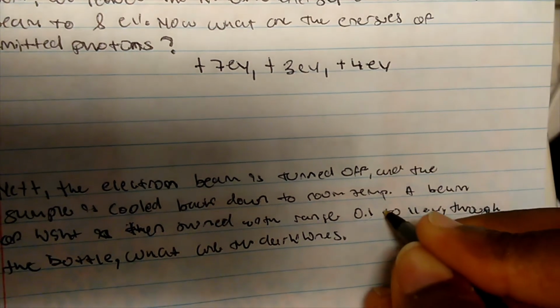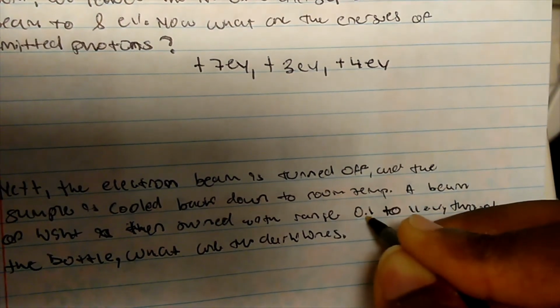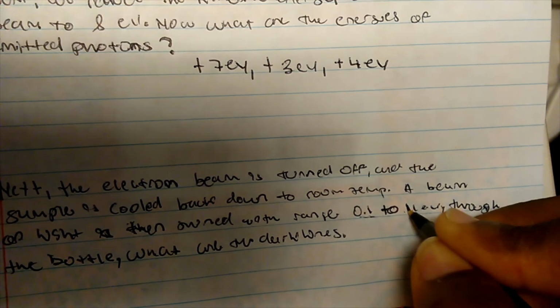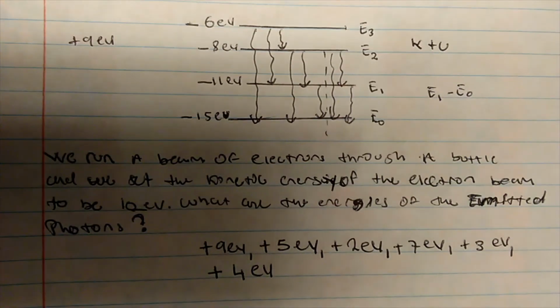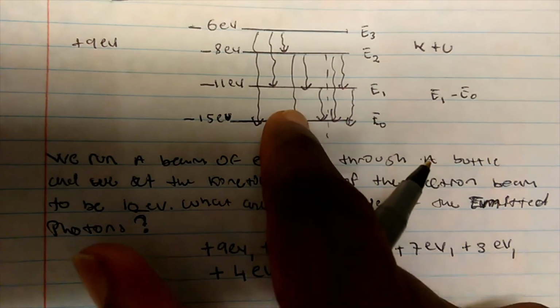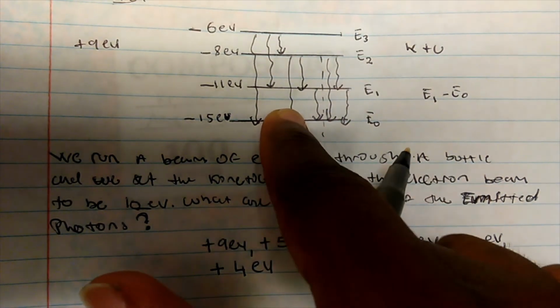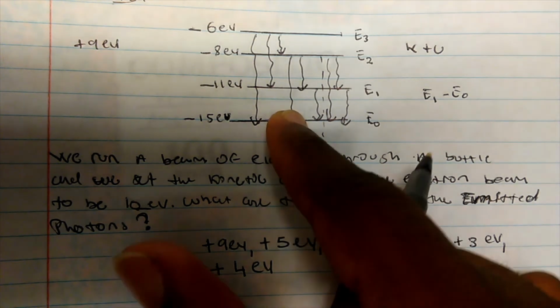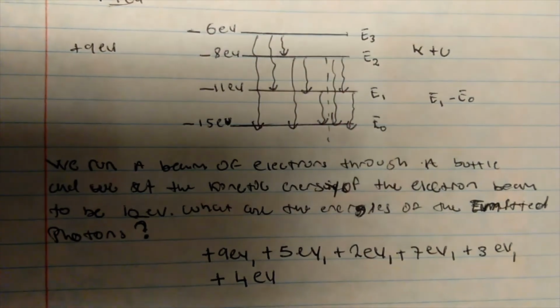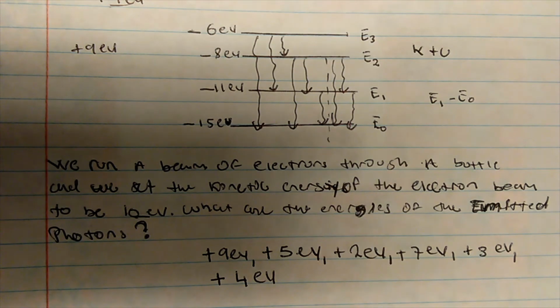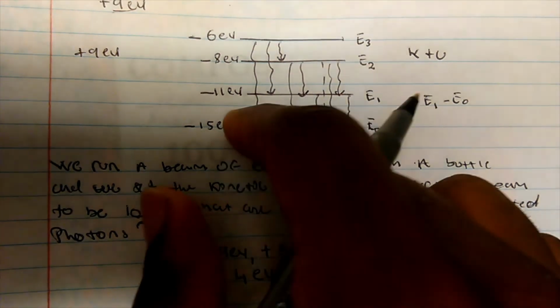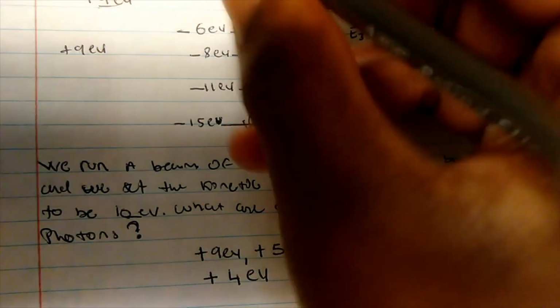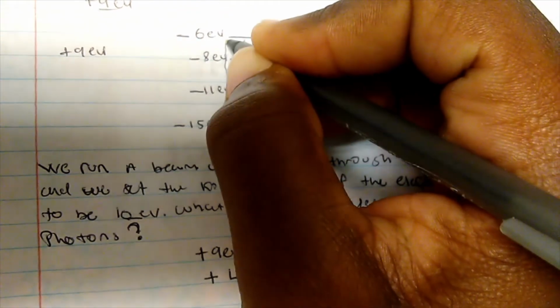Now, when we talk about absorption, we're given a range here. So we have to make sure whatever energy we get is between this range. Now, the important thing to point out with absorption is that it only happens from the ground state. Let me repeat that again. It only happens from the ground state. And so if I start at the ground state, I could get absorption from the ground state to the highest energy level.